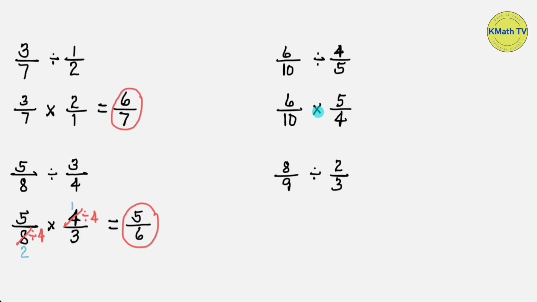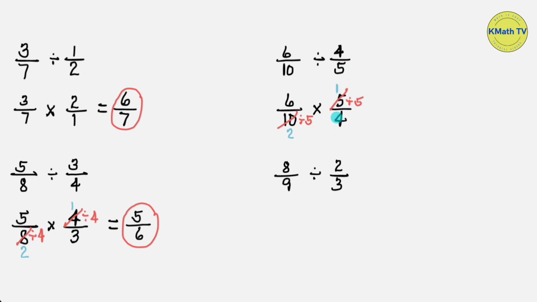Okay, let's cancel first 10 and 5. Let's divide them by their GCF 5. Okay, cancel, cancel. Then divide. 10 divided by 5 equals 2. 5 divided by 5 equals 1.